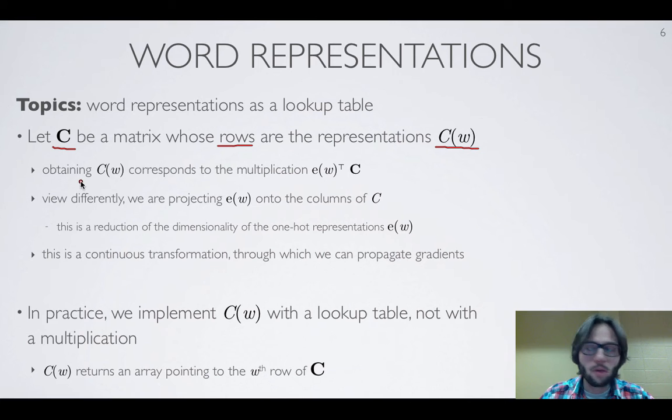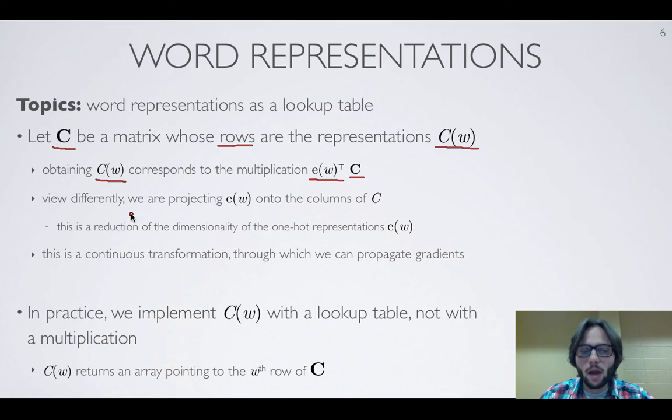Now, one thing we can notice is that obtaining C_w, so for a word ID w, obtaining the word representation, if it's stored in a matrix C, actually just corresponds to taking the one-hot vector of that word w and multiplying it on the left of the matrix by the matrix C. So if you think about it, if you take a vector filled with zeros and a single one in some position, and you multiply that by a matrix on its left, then the result is going to be the row of the matrix at the position where we put a 1 in the one-hot vector.